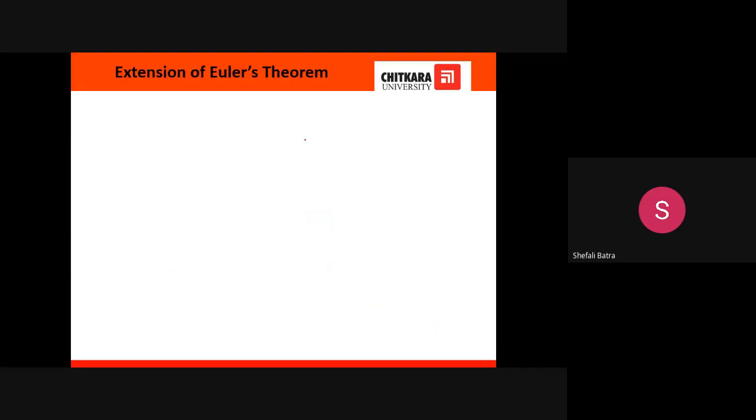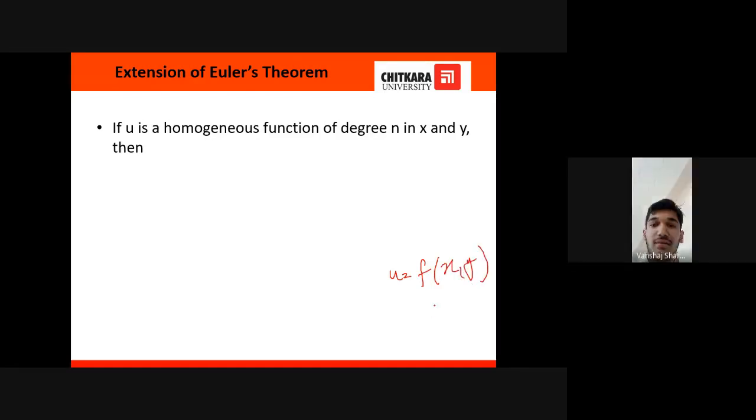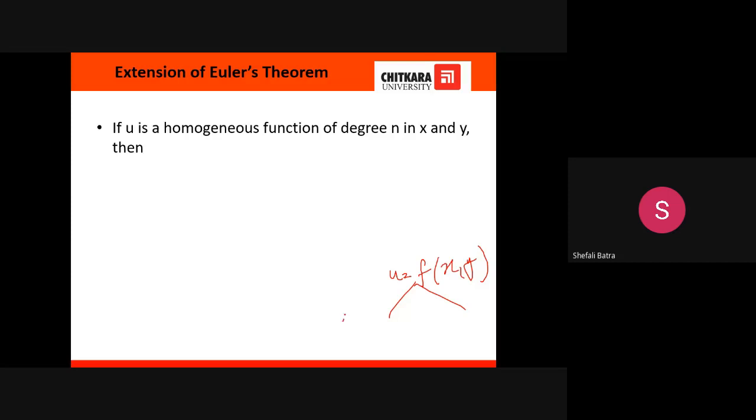Okay, before the example, there is an extension of Euler's theorem. Euler's theorem is for first order derivative, and the extension of Euler's theorem is for second order derivative. So again, if u is a homogeneous function of degree n in variables x and y, then u is a function of two variables, so you can find two partial derivatives, u with respect to x and u with respect to y.